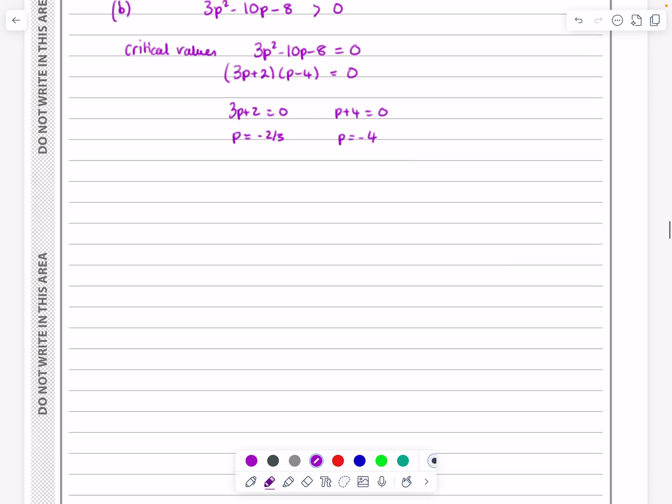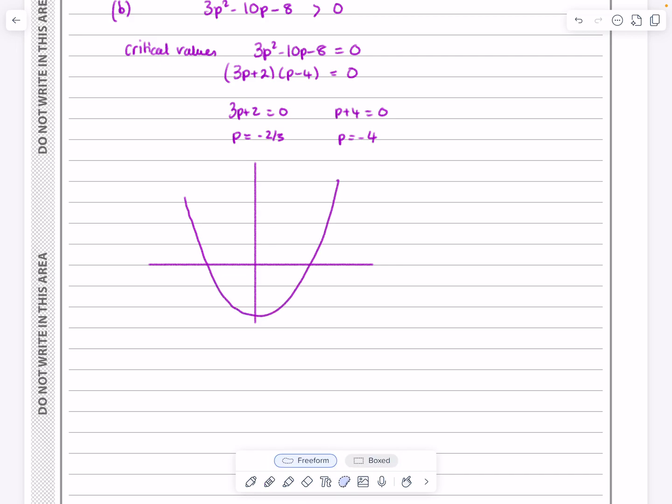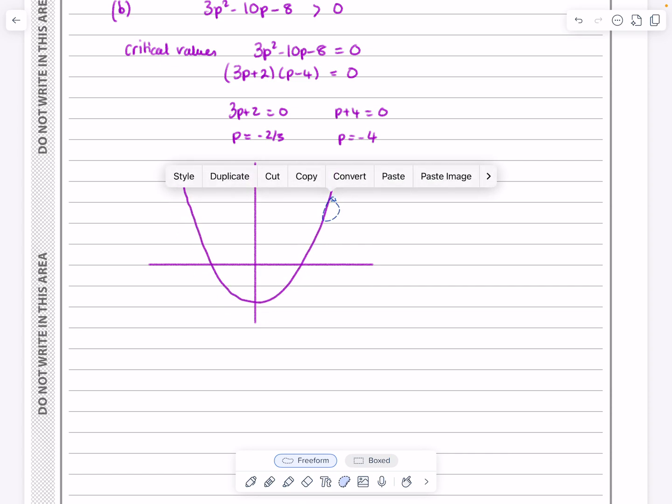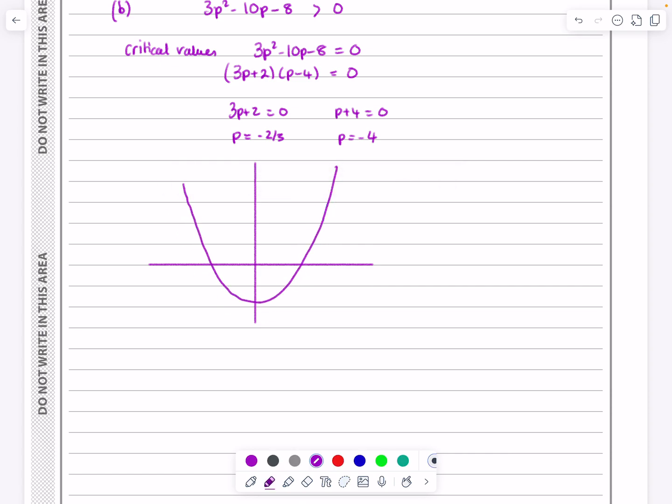But then remember what I'm trying to do. I'm trying to solve the inequality. So if I know that this is a positive quadratic, I know a positive quadratic will be that shape. Because I know that this value here is minus 2/3, and that value there is 4. Sorry, let's just tidy that up.